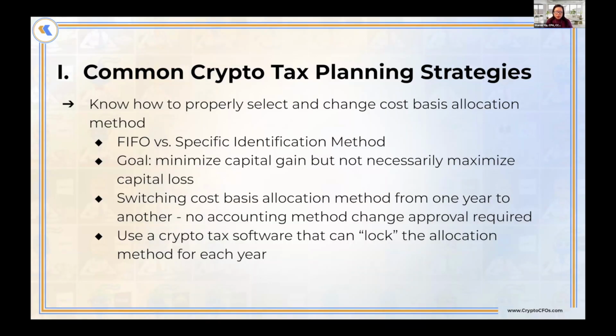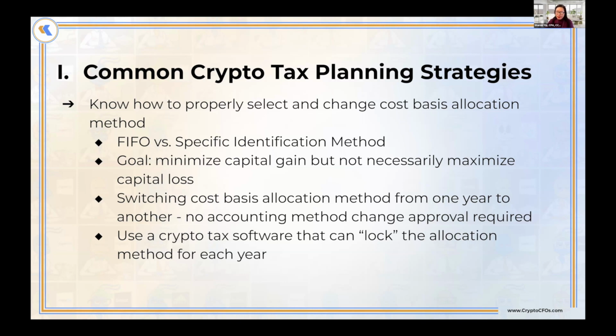The one strategy many people overlooked is the selection of cost basis allocation method. Based on the IRS guidance, crypto investors can use either first in, first out, which is FIFO, or a specific identification method for cost basis allocation regarding crypto trades.